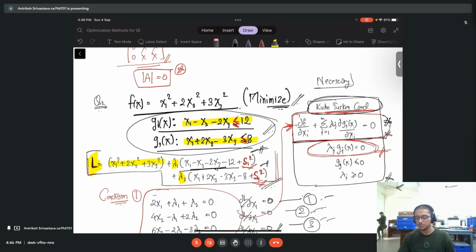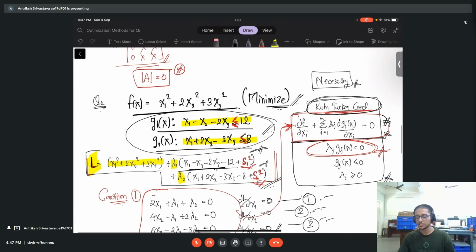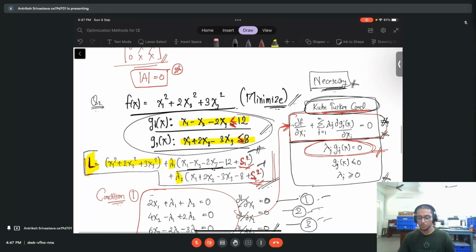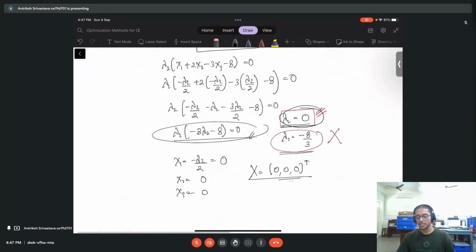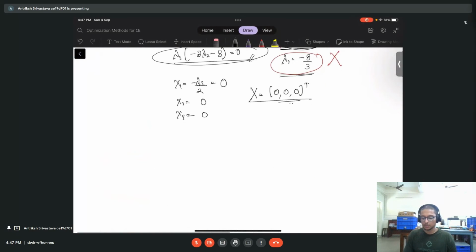They can be sufficient when the function is convex in case of minimization, but in their nature they are only necessary conditions. So 2 points can follow these necessary conditions, but we have to select the point which is going to give the minimum value of f.